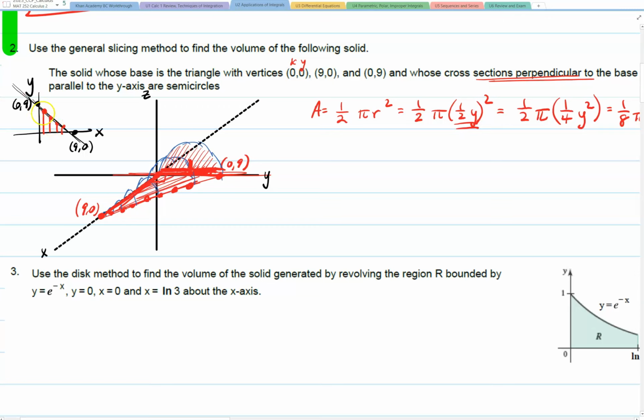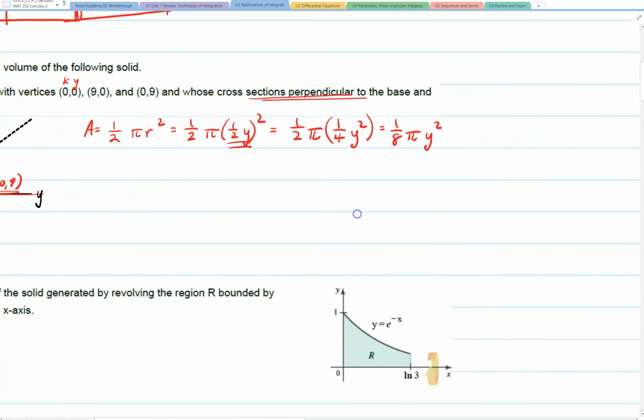So this equation is not too hard to figure out. This equation for this line is y equals negative x plus 9. Negative 1 slope, y-intercept of 9. And we can make that substitution here if needed.